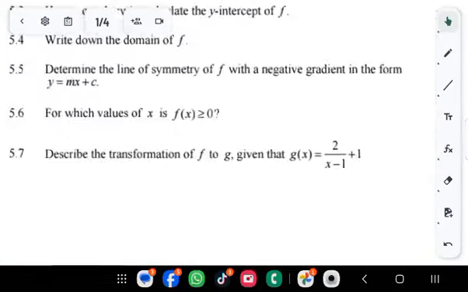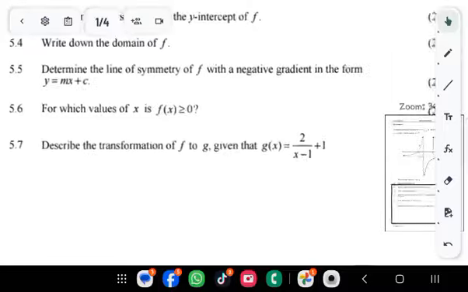Describe the transformation of f to g given that g of x equals 2 over x minus 1, plus 1. Alright, here is the transformation.